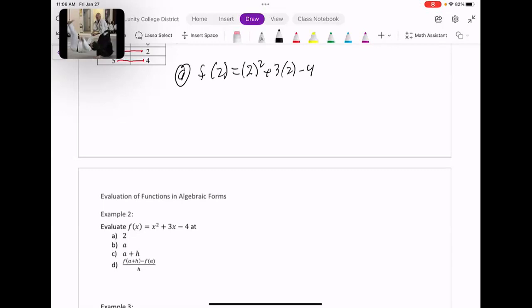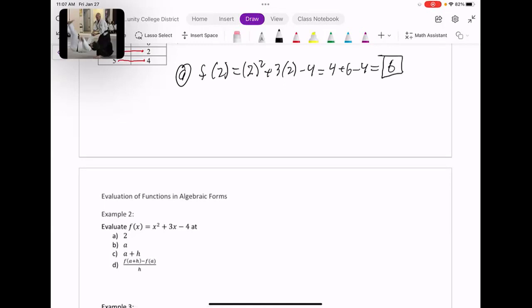Make sure you put parentheses around the number, because if it's negative, you'll have to square the entire negative number. That doesn't apply in this case, but in other cases it could. So f of 2 is 6. And to be clear, this is the range value, and the 2 is the domain value.